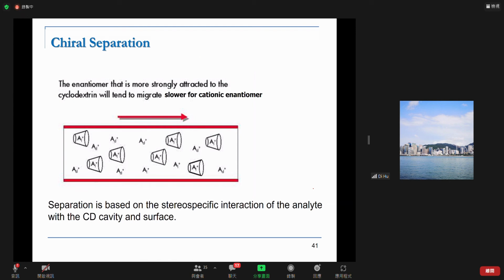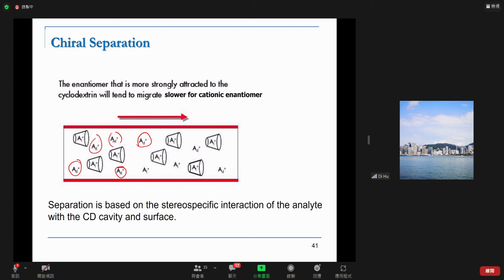For example, if you have isomers or enantiomers, you can see D and L, okay? They're positively charged. What happened? We can see the D isomer cannot get into the CD, because now it's the chiral selector, okay?